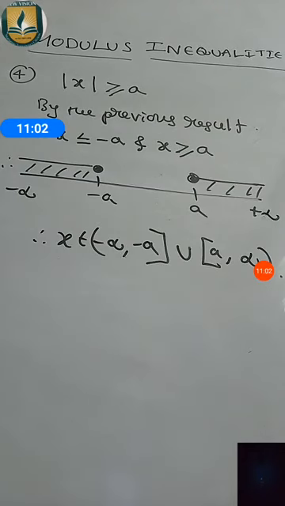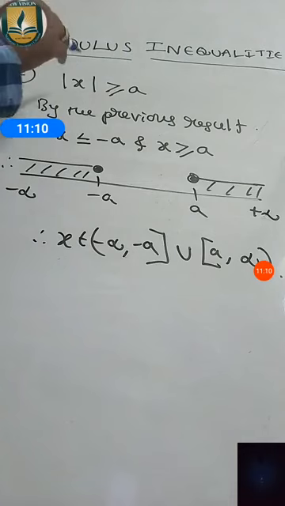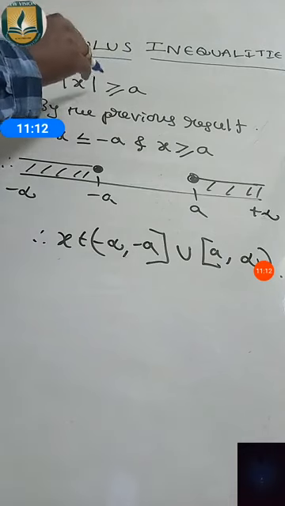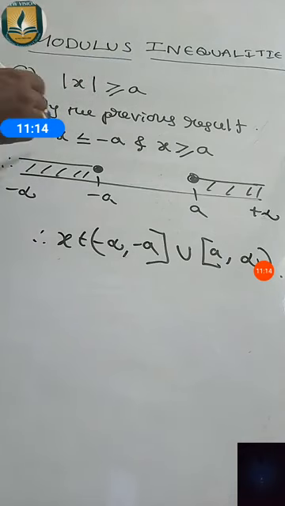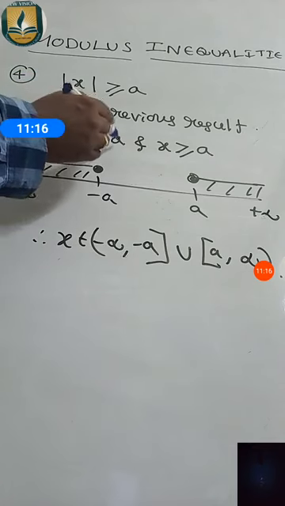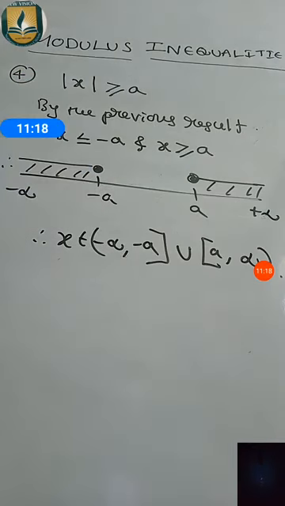Now the fourth result: modulus of x is greater than or equal to a. By the previous result, modulus of x greater than a, now we replace it by greater than or equal to. We have x less than or equal to minus a and x greater than or equal to a.